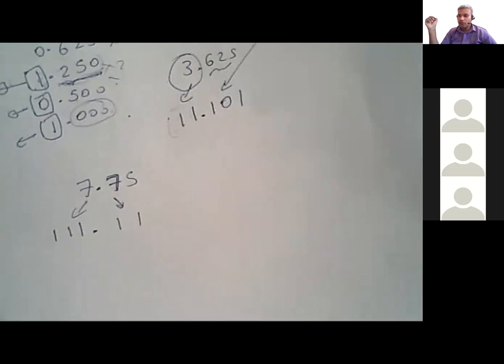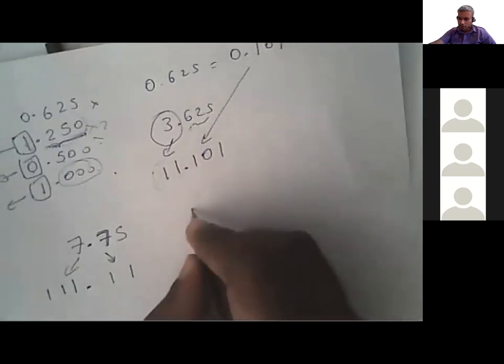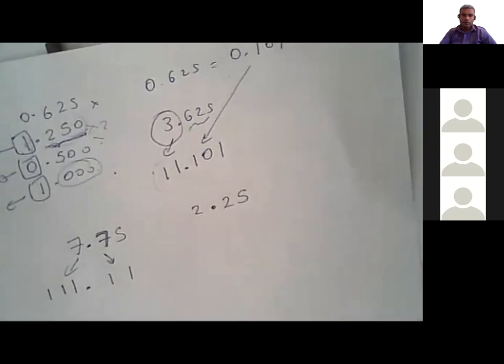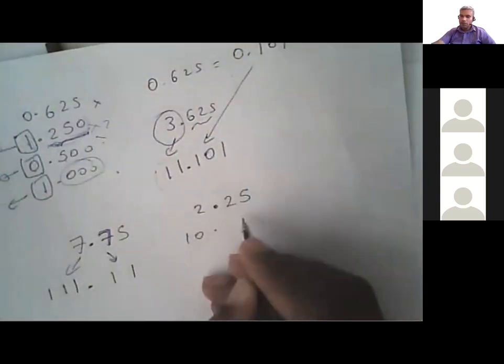I think most of you have done it. 2.25. Okay, 2 is 10. 0.25 is actually 1/4, so you can even directly write 01.